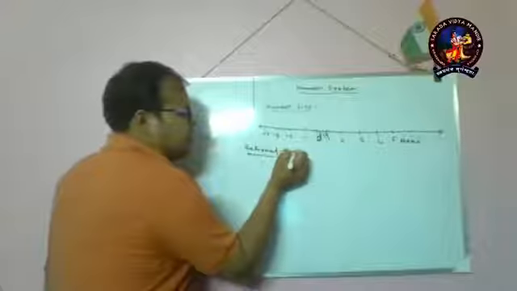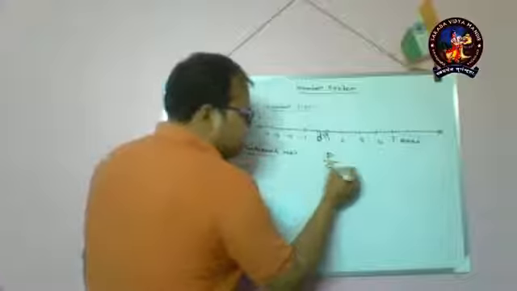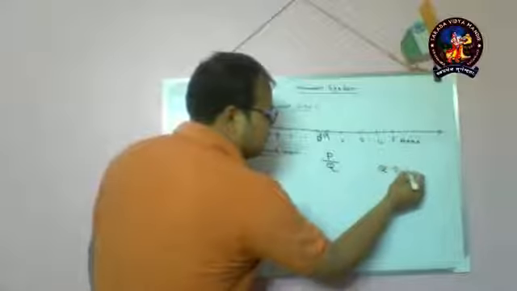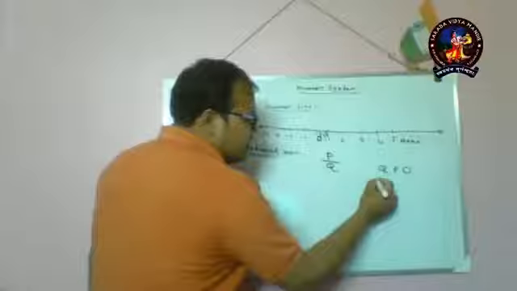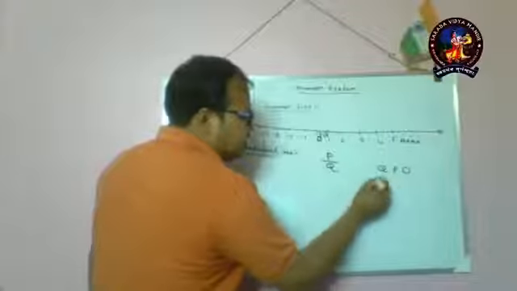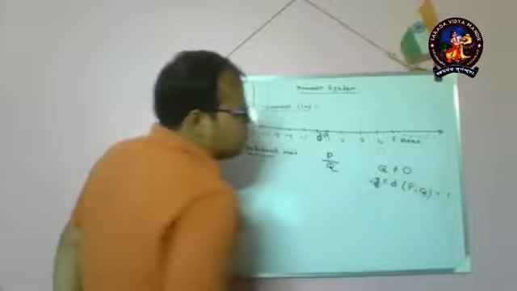Rational number. So what is the definition of a rational number? A number is rational if it can be expressed in the form p by q, where q is not equal to 0, since nothing can be divided by 0, and the GCD of p and q should be equal to 1.